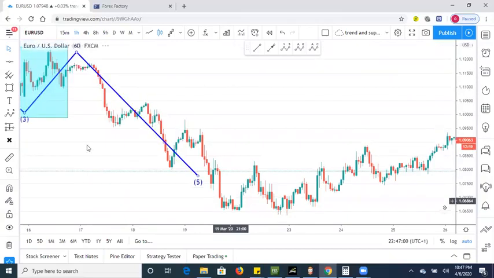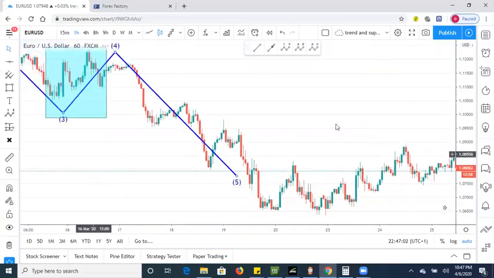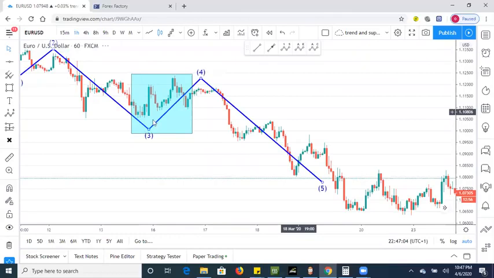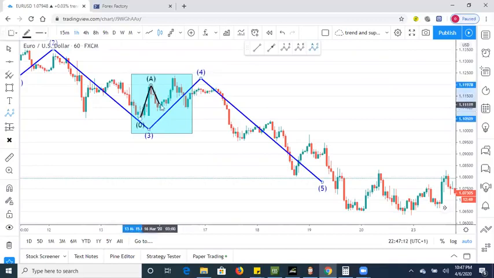So let's go back to the 1 hour time frame, between 13th to 16th of March. Right. Notice what you have here seems to be an uptrend in the 1 hour.